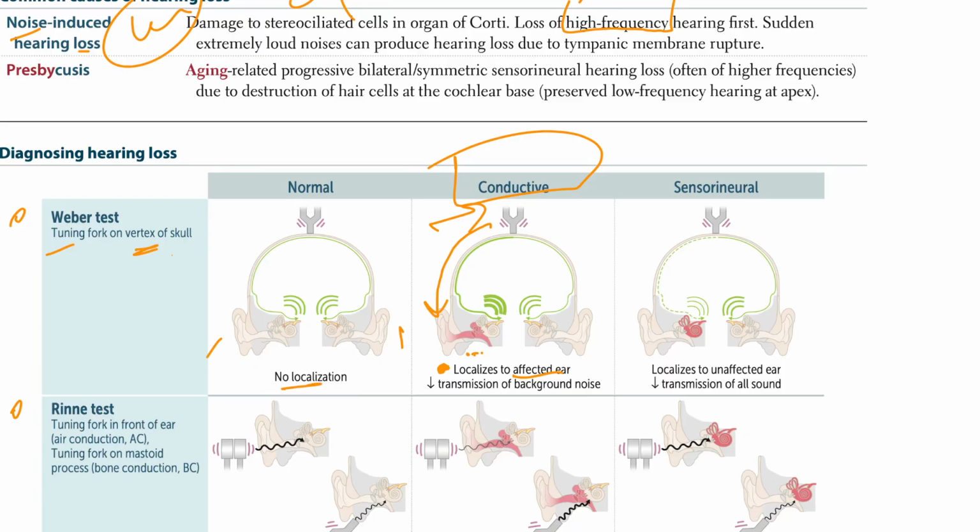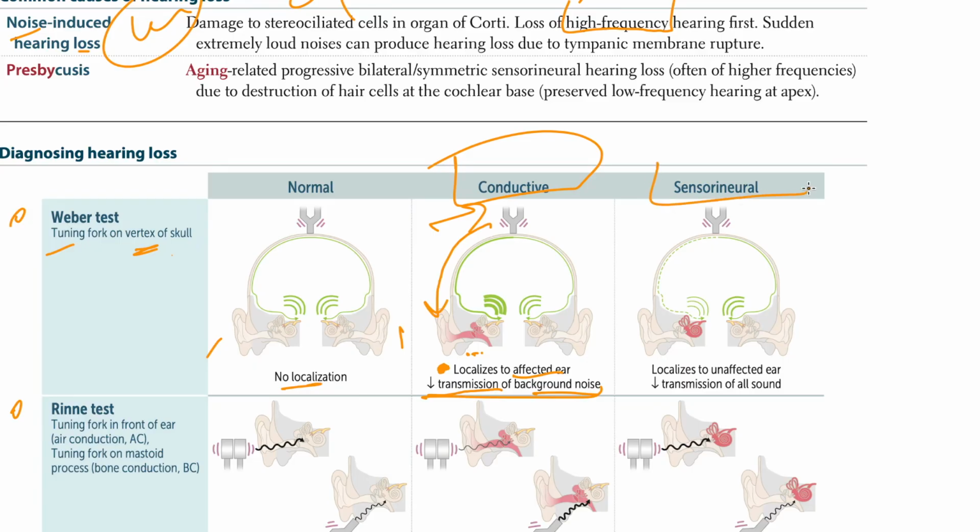And there's a decreased transmission of the background noise with conductive hearing loss. Why is that? Because the conduction deficit masks the ambient noise in the room, which allows the vibration to be better heard.